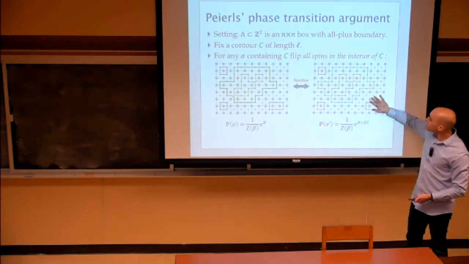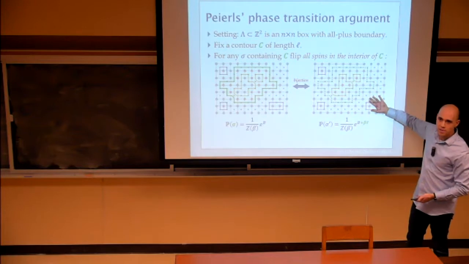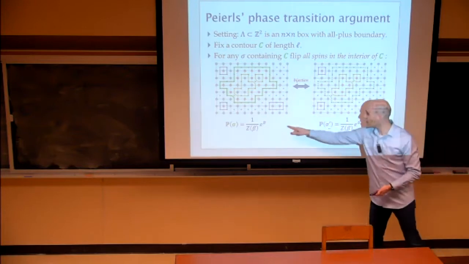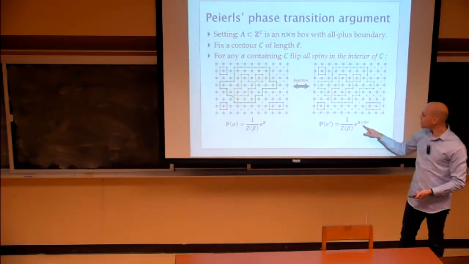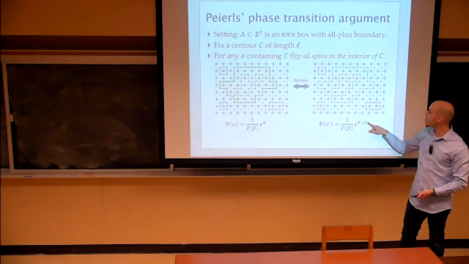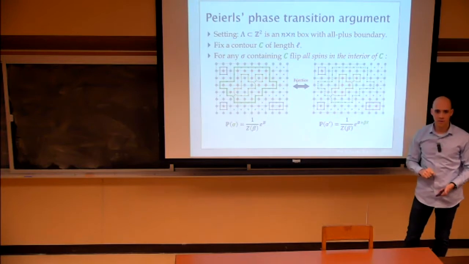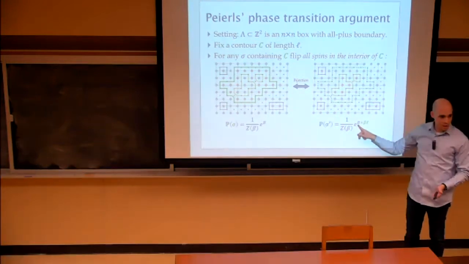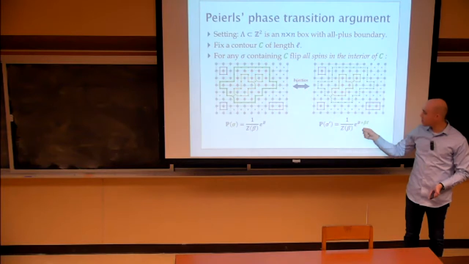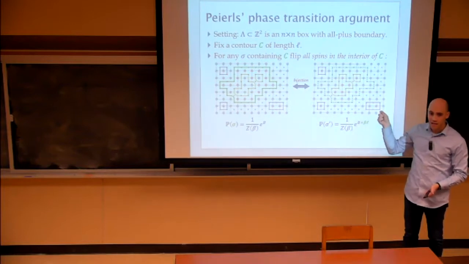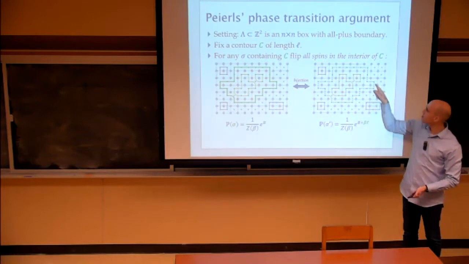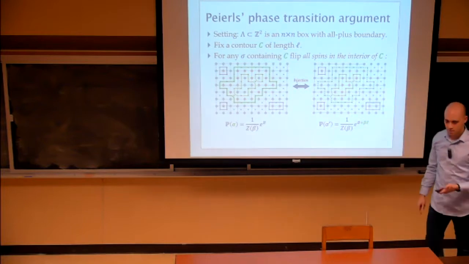And outside, I also did not affect the number of disagreements. So the probability, whatever it was, is increased by a factor of e to the beta times the length of C. I don't know what it was, but it's now bigger by e to the beta L, where L is the length of the boundary.